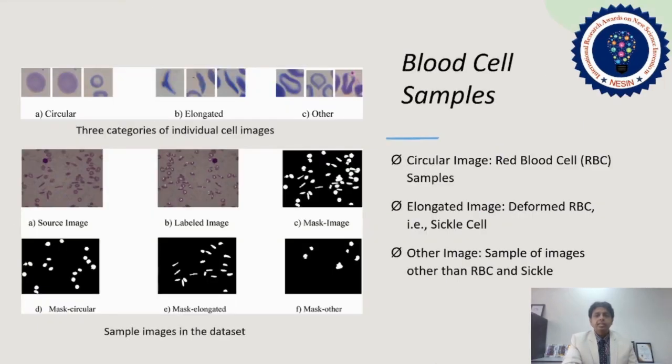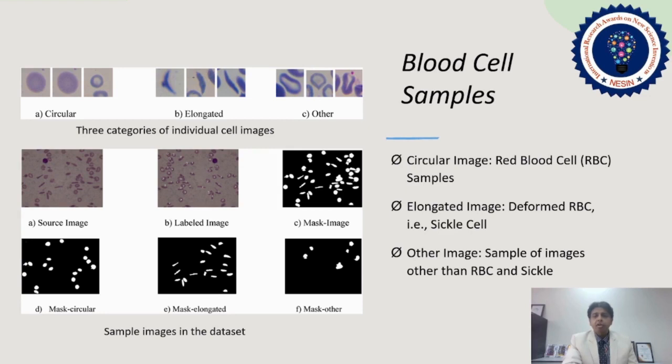So these are blood cell samples, as seen from the slide. You can see that they are circular, elongated, and others. Three categories of individual cell image are shown. First of all, the circular image is called red blood cell, RBC, samples.